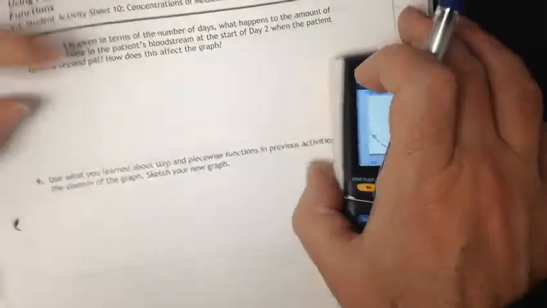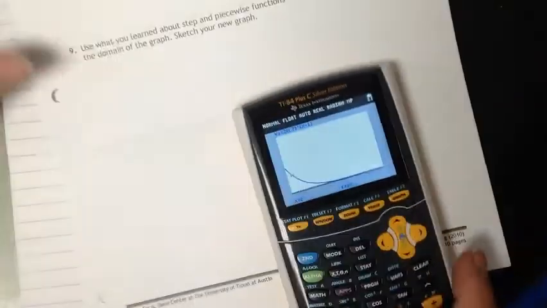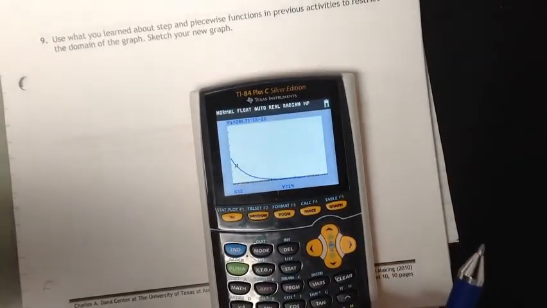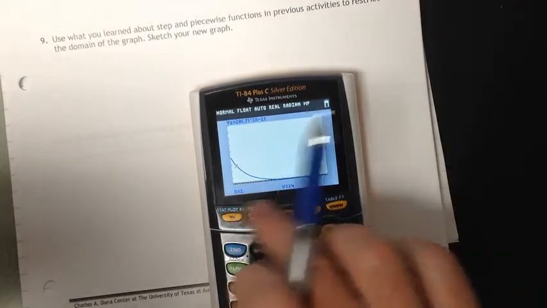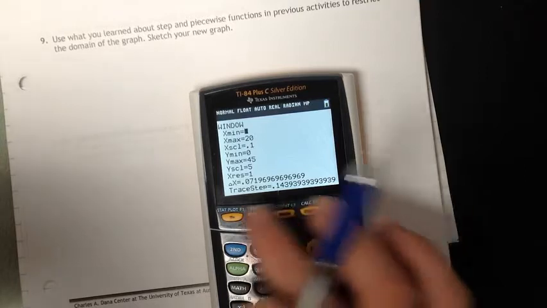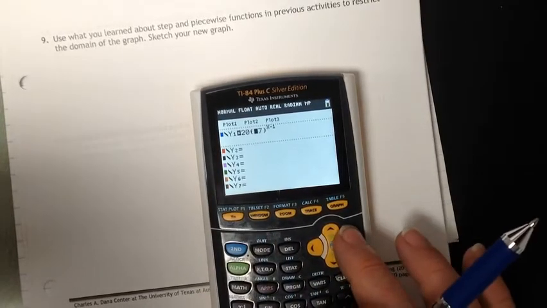Okay? So you use what you learned about step and piecewise functions in previous activities to restrict the domain of the graph and sketch your new graph. So here I'm going to change my window. Let's go over here, and I'm going to restrict my domain.